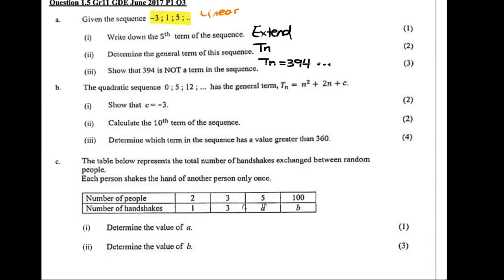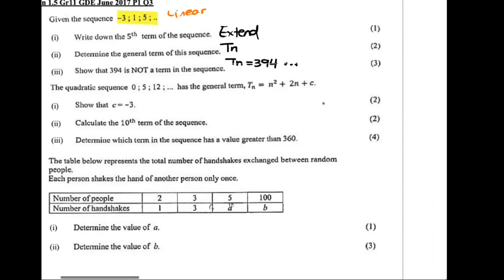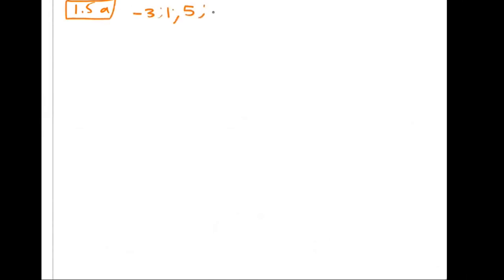And let's take a look at how we are going to work with this linear pattern. Okay, 1.5a, let me just write out the pattern, minus 3, 1, 5. Okay, a nice easy linear pattern because our constant difference every time is 4. We are adding 4 every time.